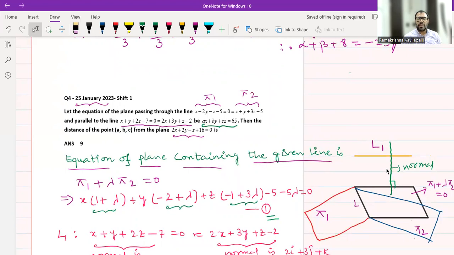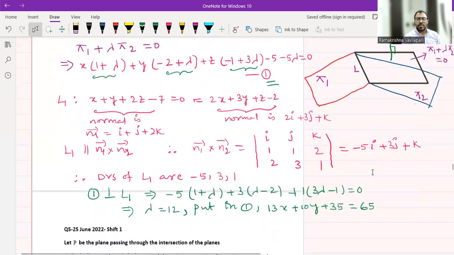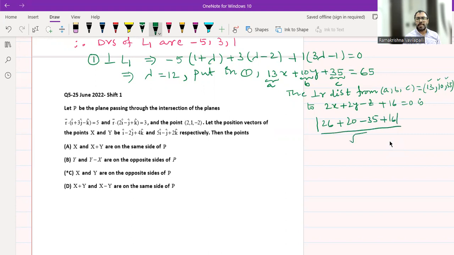So the ABC values are, this is A value, this is B and this is C. So now the perpendicular distance from the point ABC, that is the point (13, 10, 35), to the plane is the modulus of, substitute here, 26 plus 20 minus 35 plus 16 whole by under root 9.